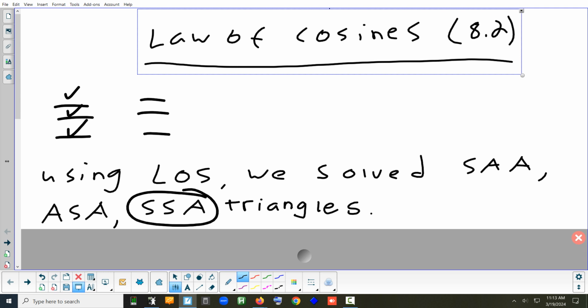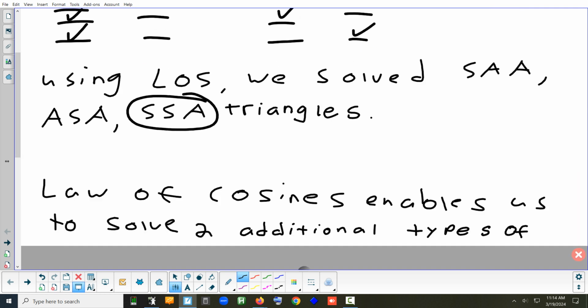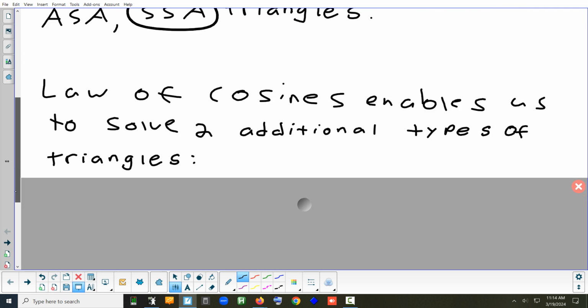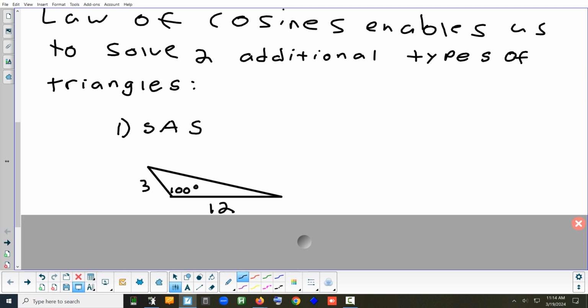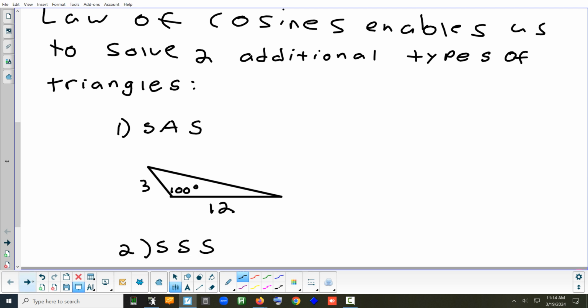No. And if you were doing side, angle, side, you would have something like that. Is there a full row there? No. All you have is partial rows. You can't use law of sines on those problems.